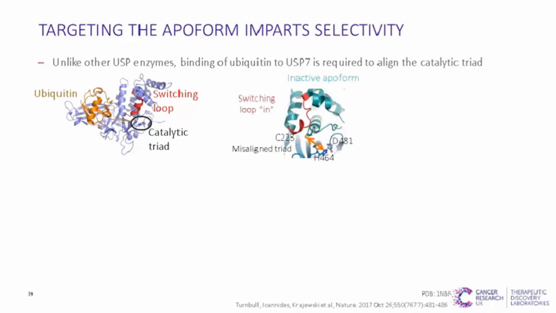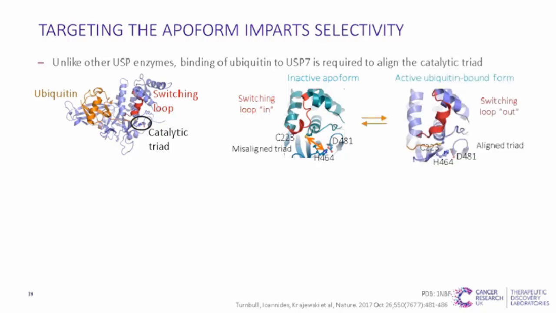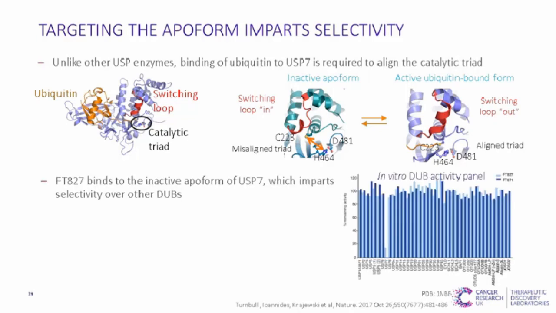In the inactive form, the switching loop is in the in position and the triad is misaligned. And when ubiquitin binds, and you can see the tail of ubiquitin coming in here below the switching loop, this forces the switching loop into the out conformation, which aligns the triad. The inhibitors that we describe bind to the inactive apo form of USP7, which imparts selectivity over other DUBs.